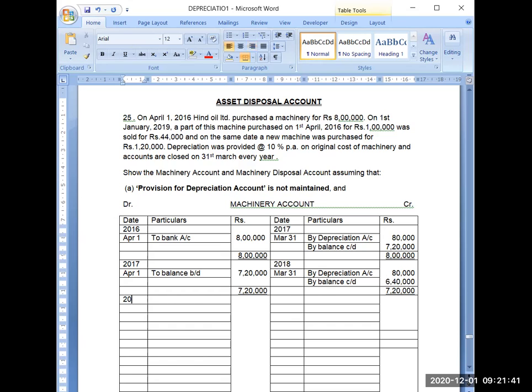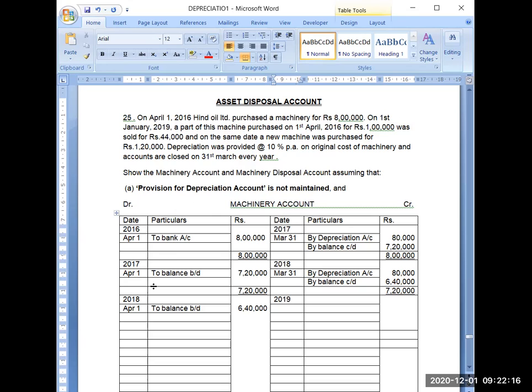Now coming to the third year, 2018, April 1, to balance brought down 6,40,000. Now there is a transaction on the date 1st January 2019.